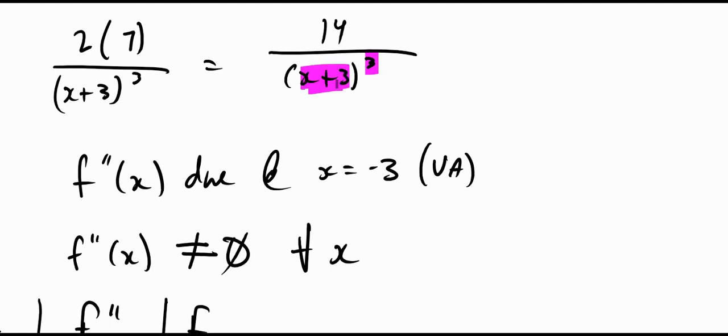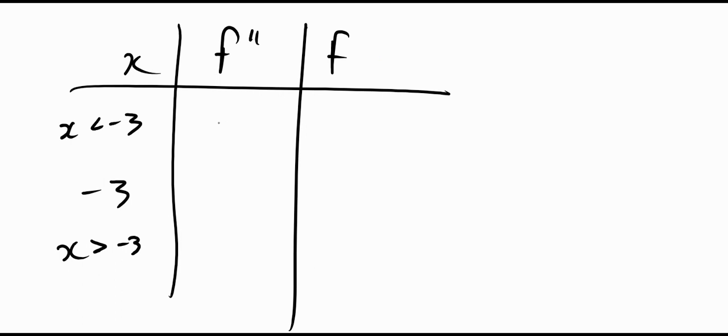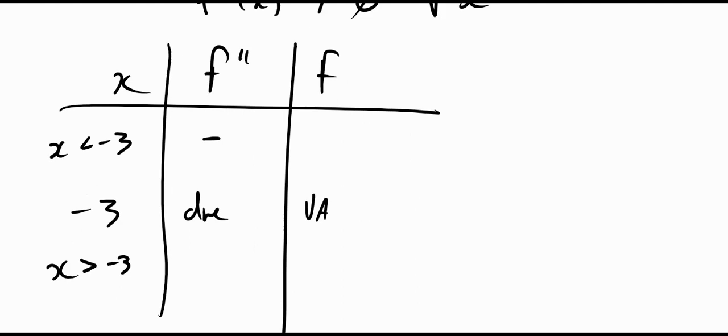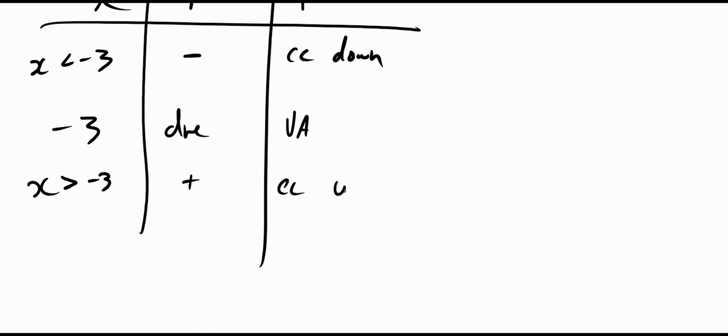So this is still negative. So here it's negative. Here it does not exist. It's a vertical asymptote. And then x bigger than negative 3, I could use 0 or I could use 100. And I get positive. So this is concave down, and this is concave up.